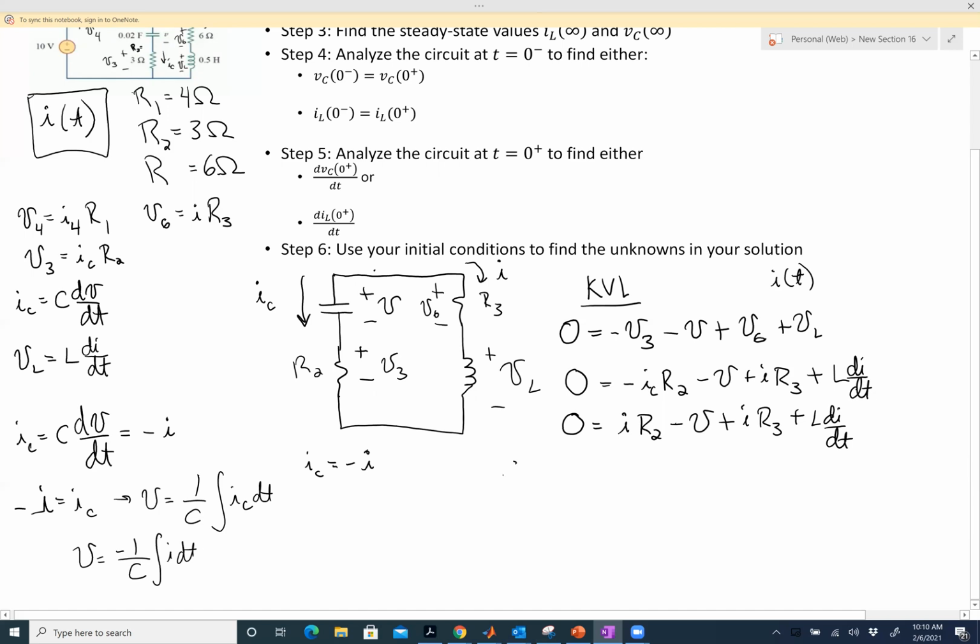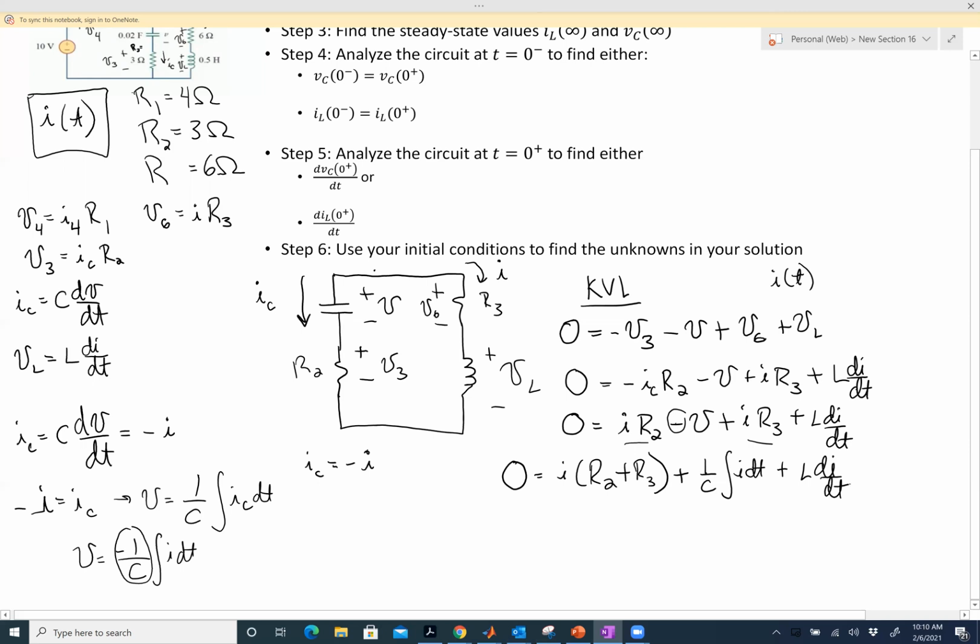So I plug that in over here, and now I'm going to group this term and this term. I have I times (R2 plus R3) plus 1 over C times the integral of I dt. The minus and the minus made a plus. And then I have the L di/dt.